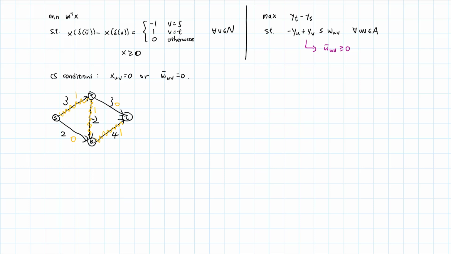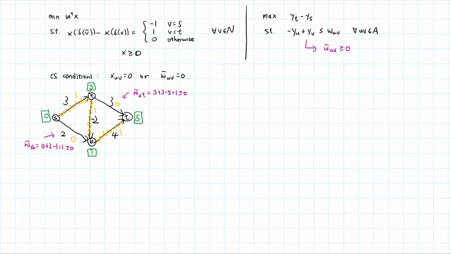So we should set y_s to be 0, then y_a becomes 3, y_b becomes 1, and y_t becomes 5. And now let's check the reduced cost of the remaining arcs. For arc AT, the reduced cost is 1, and for arc SB, the reduced cost is also 1. So both are at least 0.